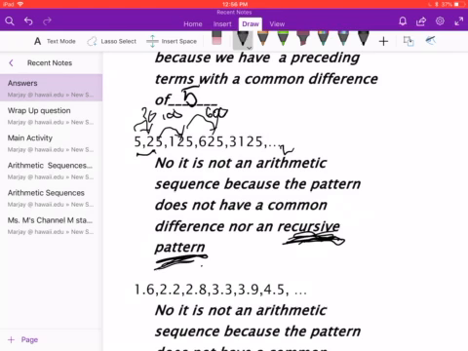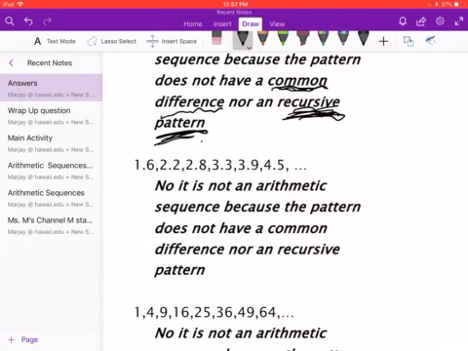Are they adding a fixed number, meaning just one type of number, in order to get from the previous number to the next number? No, they're adding all kinds of numbers to get to the next term. That's why this is not an arithmetic sequence, because there's no common difference.